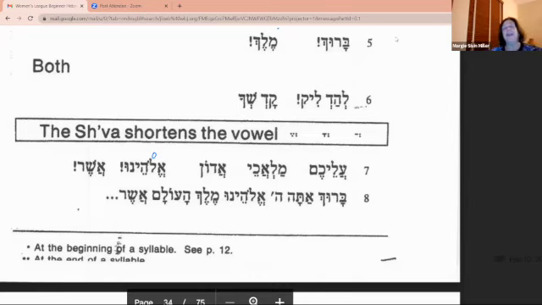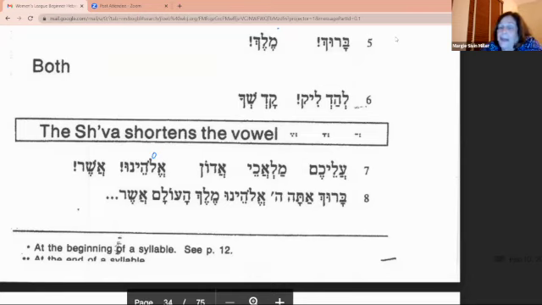It's like where you put the emphasis on the syllable. Adon, Adon. Olam, Olam. Okay. Eloheinu is the word, but it's not Eloheinu, it's Elohim. You just shorten the sound. Eloheinu, Asher.